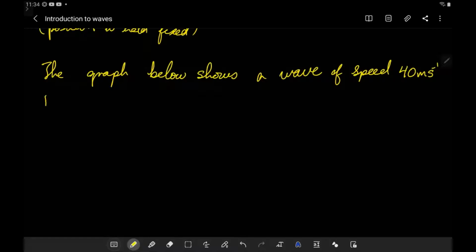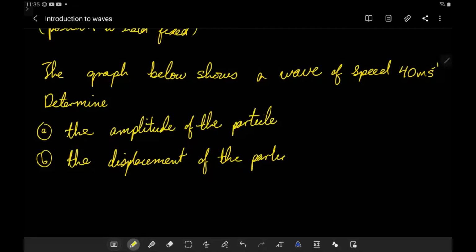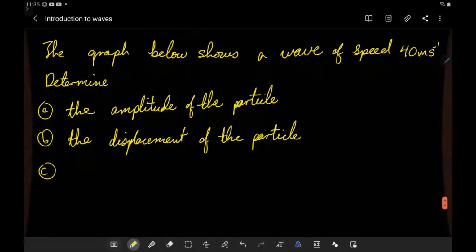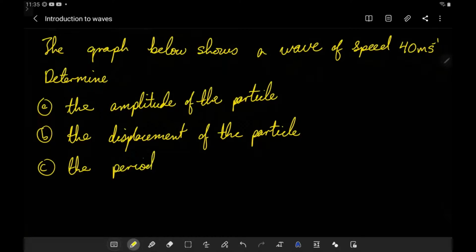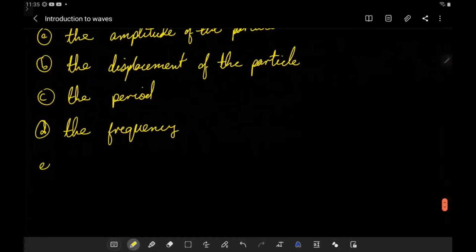And they want us to determine, part A, the amplitude of the particle, part B, the displacement of the particle, part C, the period, part D, the frequency, and part E, the wavelength.